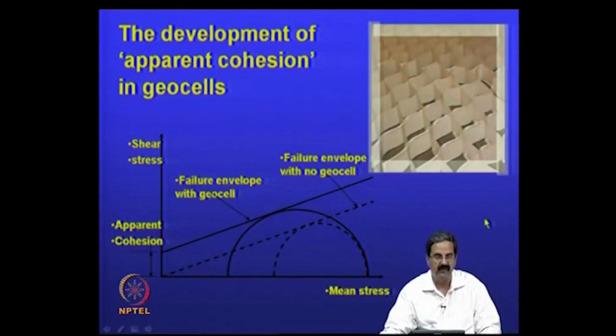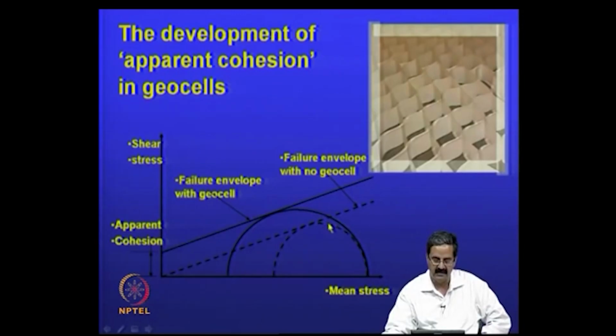Because of this confinement, some cohesion gets developed because there is a confining pressure. If you look at, say, the Mohr circle envelope, take a soil, for example sand, it has zero cohesion and this is the failure envelope.